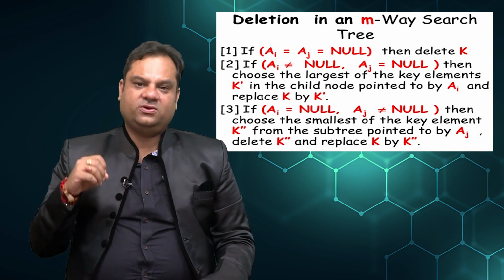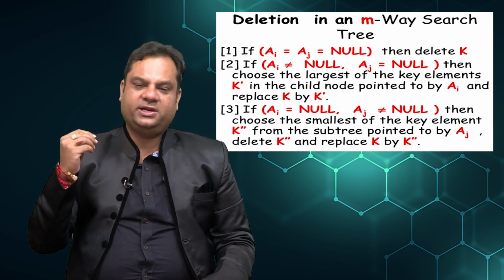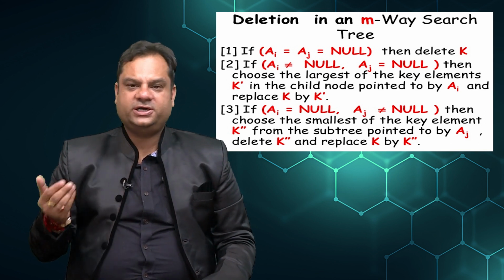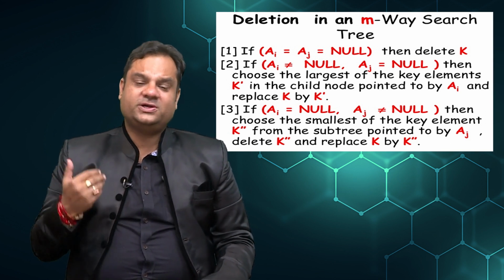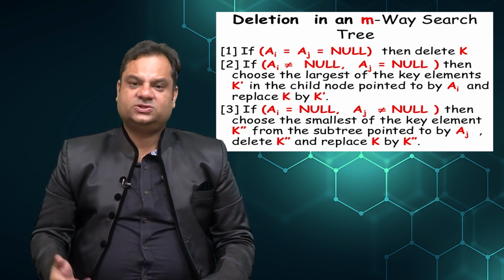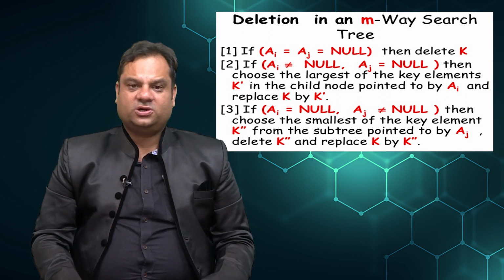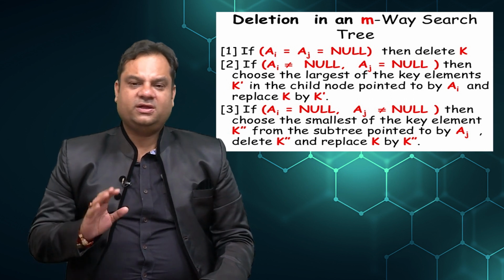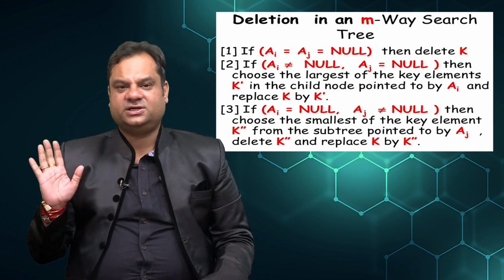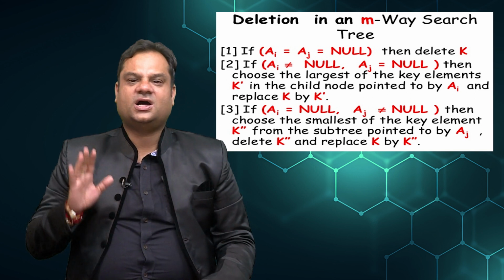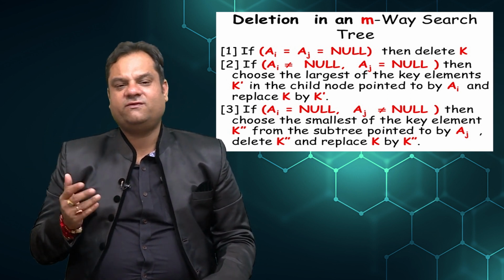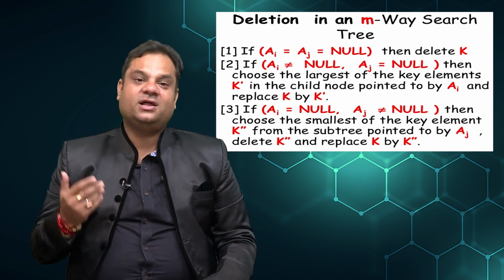When you delete a key which has no left child and no right child, we can easily remove that particular key from the M-way search tree. Nothing else happens except removing that key, and the rest of the tree stays the same. So there is nothing to worry about when you delete a key which has no child, like a leaf node.